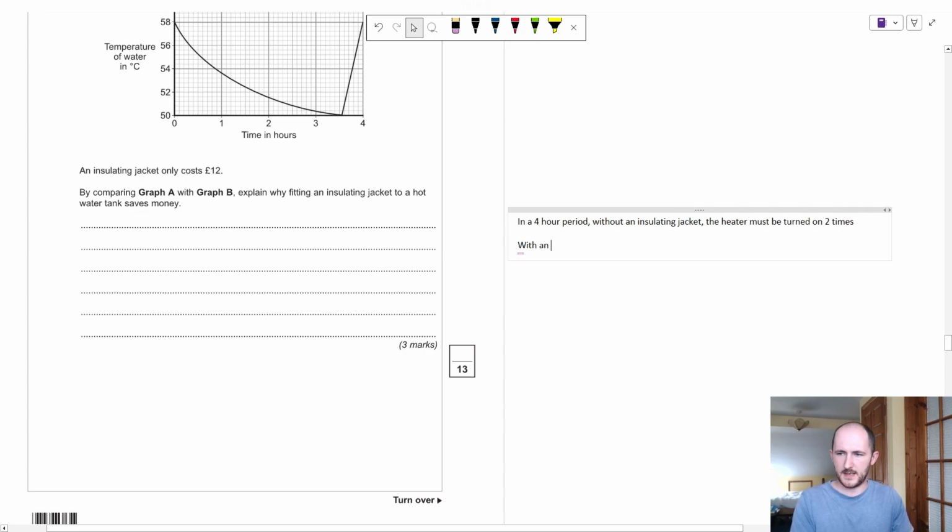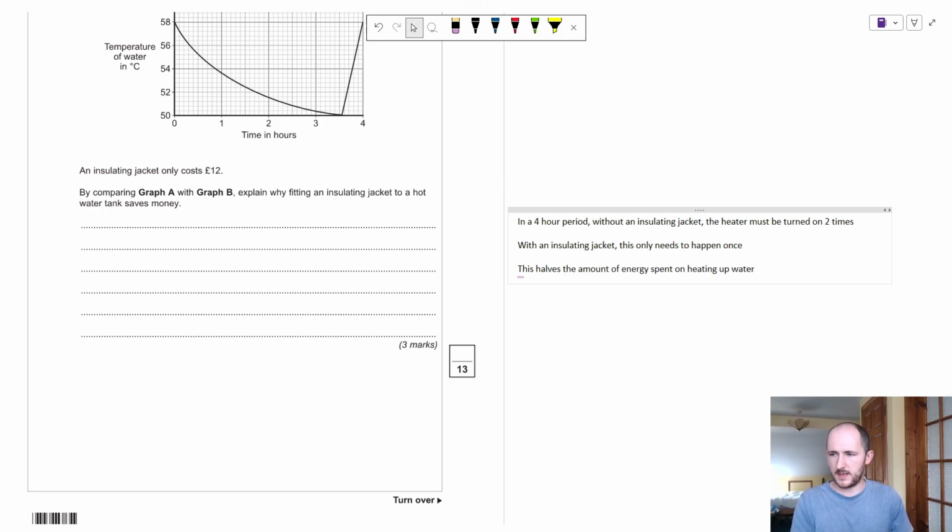With an insulating jacket, this only needs to happen once. This halves the amount of energy spent on heating up water for only £12. Less energy usage saves money.